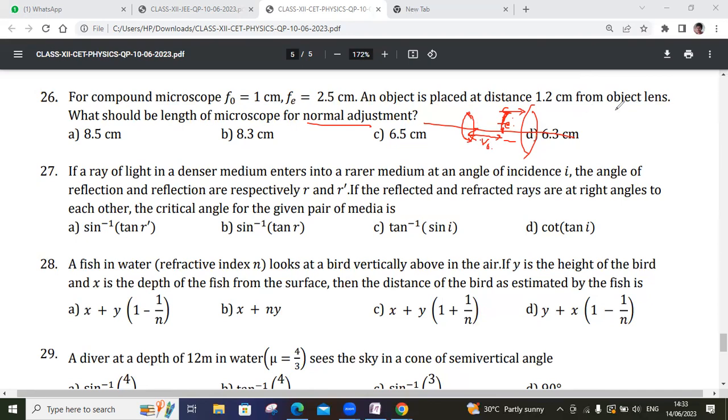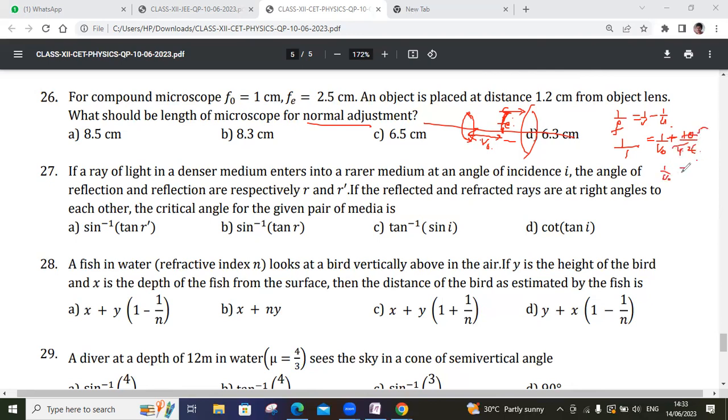And what is the image distance for the objective? Fe is 2.5. By the lens formula we can use 1 by f. For the objective, the focal length is 1, and this is what we want, and the object distance is minus 1.2 centimeter. So 1 minus 1 by 1.2, which is 10 by 12, which is 5 by 6.